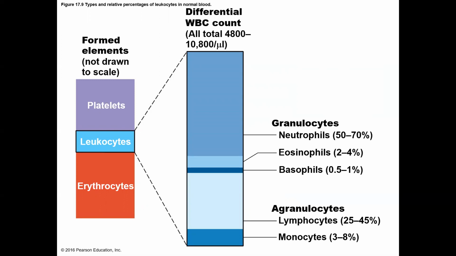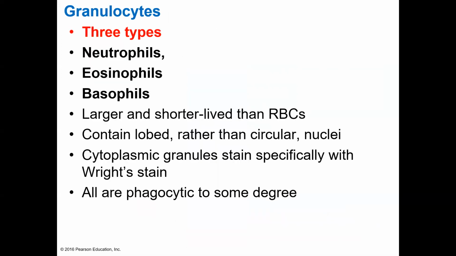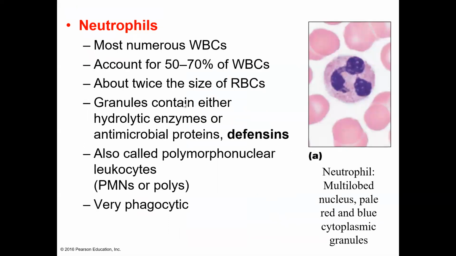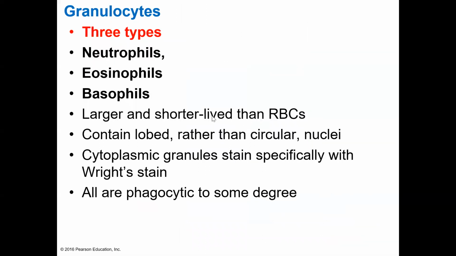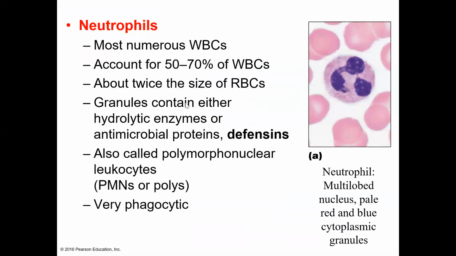They do not have granules. So again, to summarize, the granulocytes, or granular white blood cells, are the neutrophils, eosinophils, and basophils, while the agranular are the lymphocytes and the monocytes.